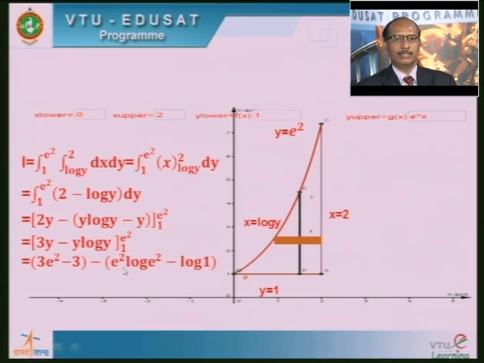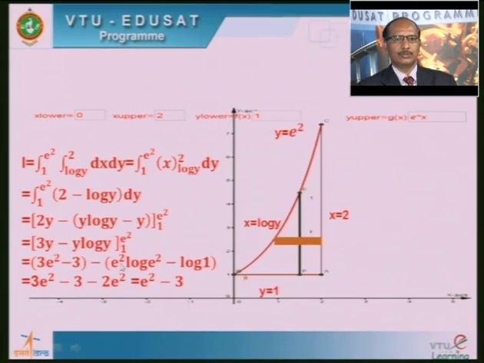So we get 2 into e square. The log 1 value, you know, is 0. Simplifying, 3 e square minus 3, and the value of log e square is 2, so 2 e square. So 3 e square minus 2 e square, that becomes e square minus 3.